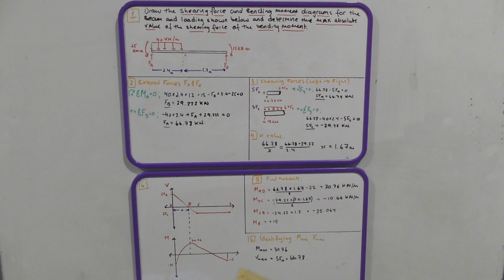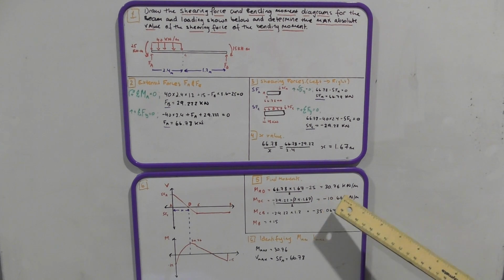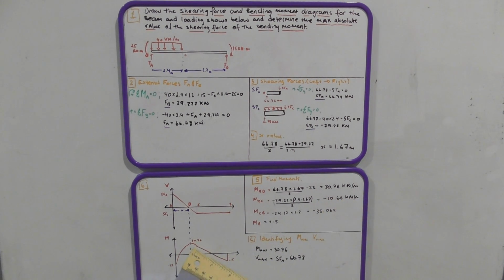Now, on the moment diagram, we will draw this as a curved line, and where that curved line will stop will be 30.76 minus 10.66. So that point here will be approximately 20. We'll stop at that point.